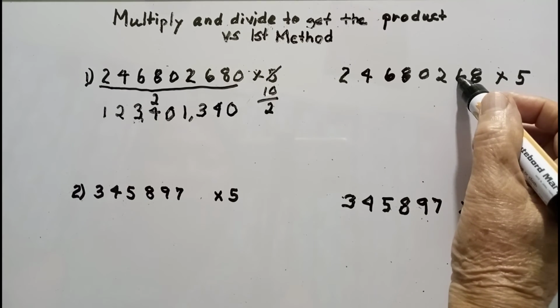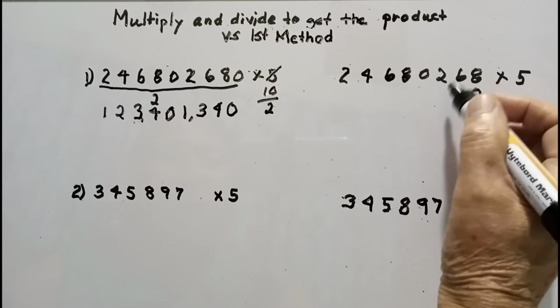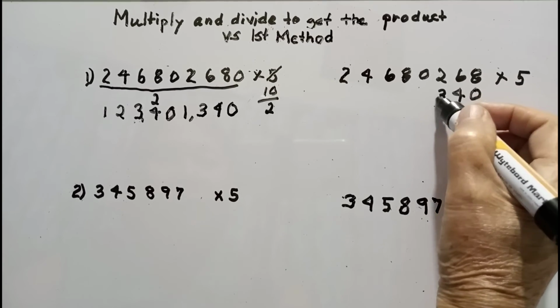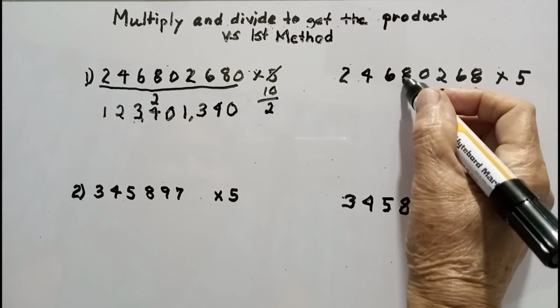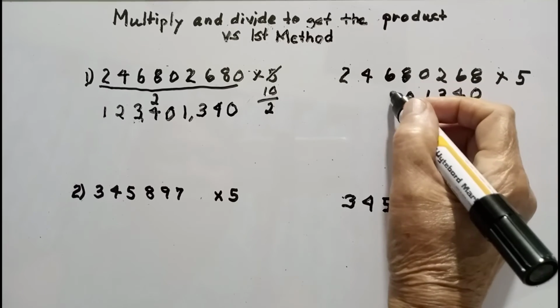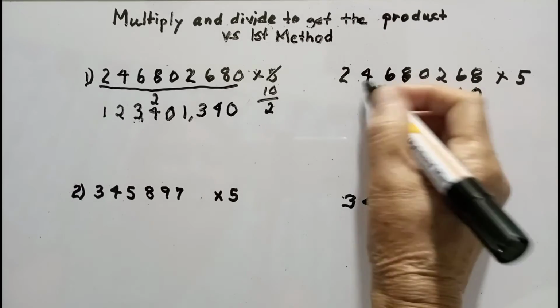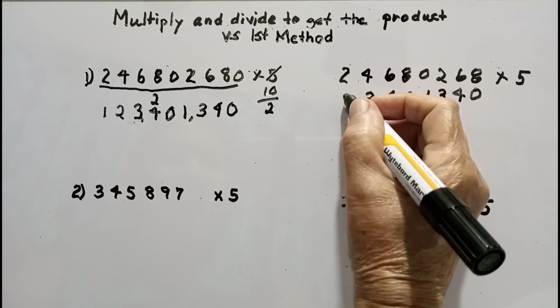This is even, so half of this is 4. This is even, half of this is 3. This is even, half of this is 1. Even, that is 0. Even, that is 4. Even, that is 3. Even, that is 2.